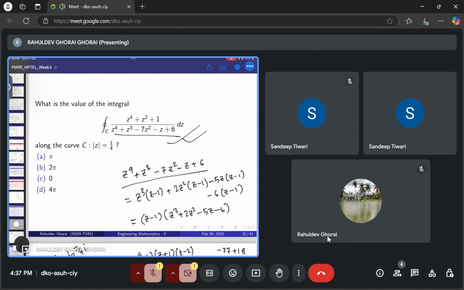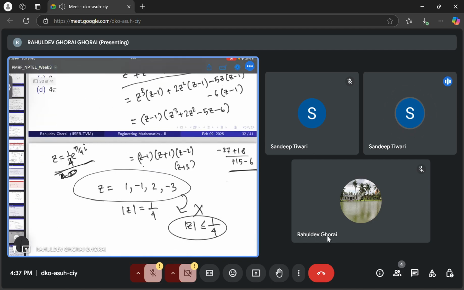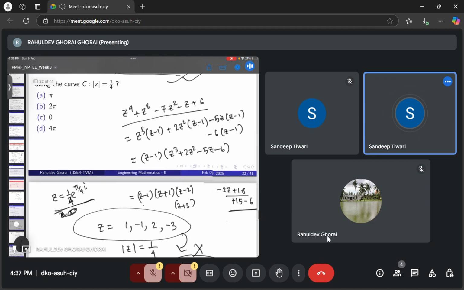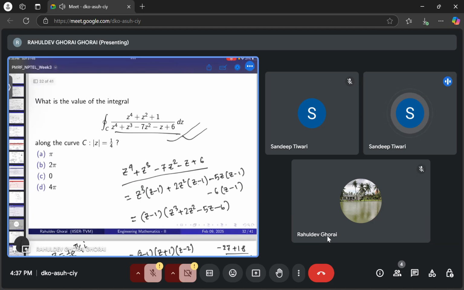Don't do this. Use the analytic definition. To know about analyticity, first you have to know the zeros of this function.